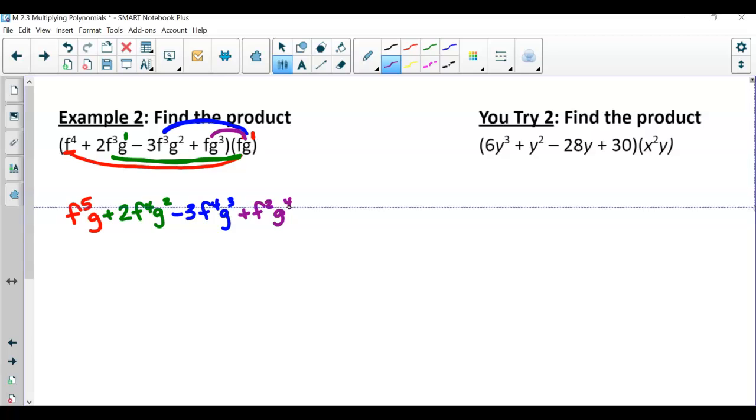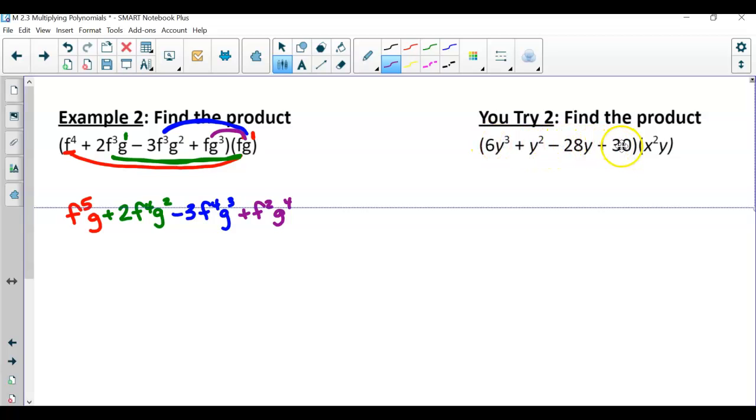So go ahead, pause the video and try this on your own. Let's see what you get. And here we go. So you're going to now multiply x squared y, but notice how none of these actually have an x term.